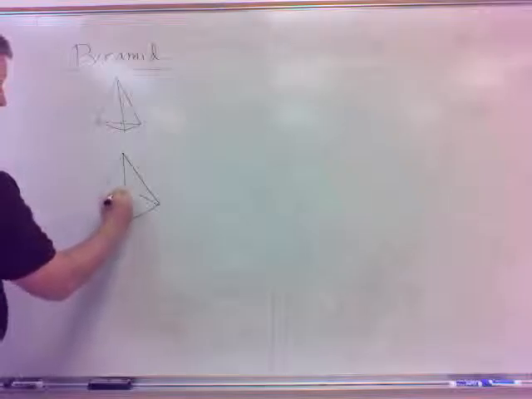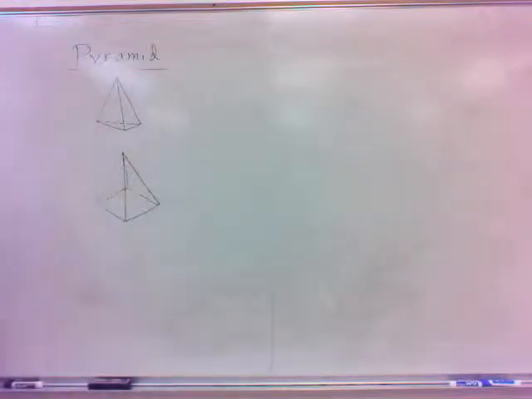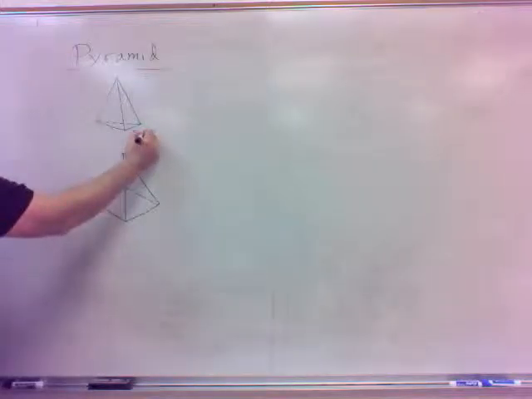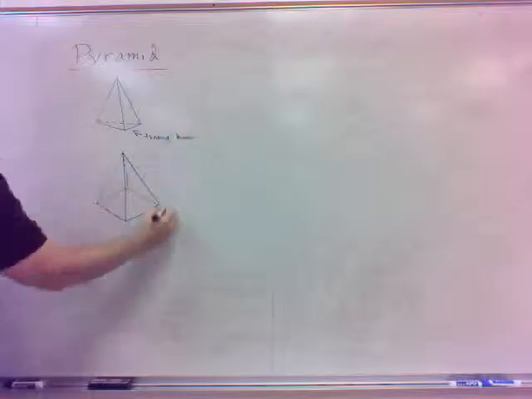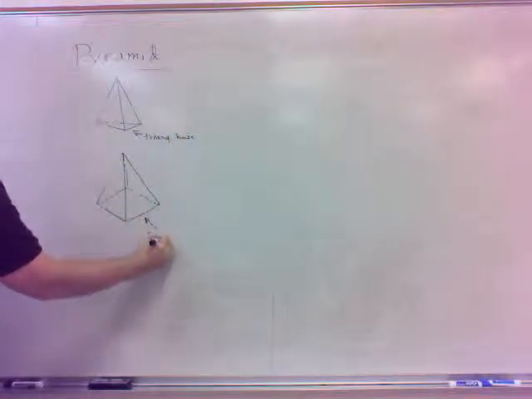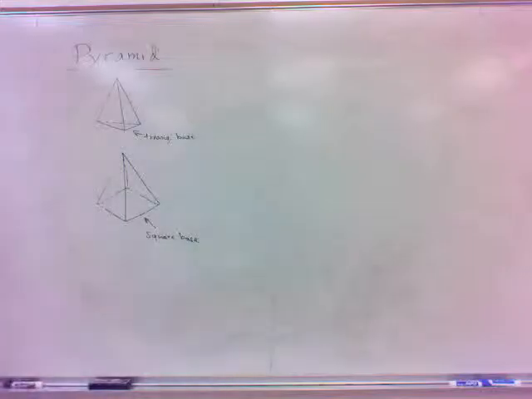Try to draw that. Maybe not my best rendition, but yeah. Triangular base, rectangular base, square base. You can have a lot of different bases for your pyramid, different shapes for that.